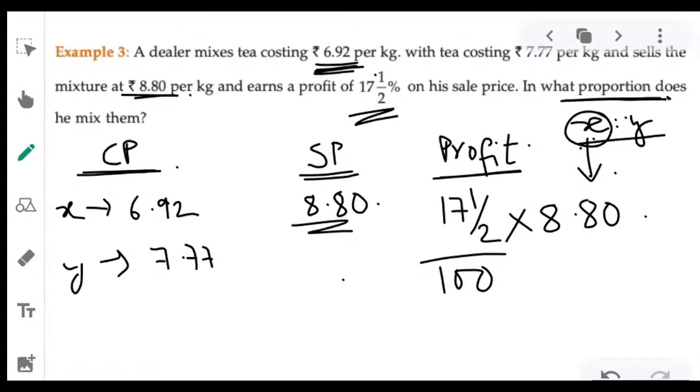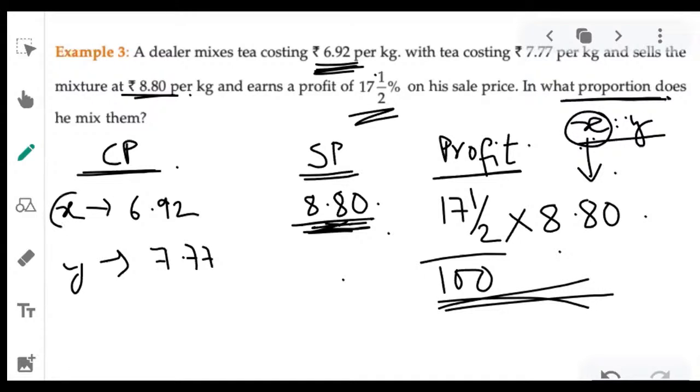Does this make sense? Yes, ma'am. So we are doing the whole calculation based on the fact that, let's say, they are purchasing 1 kg so that we can take all of these as absolute values, right? If you are selling 1 kg, you'll get 8.80 rupees. For 1 kg, the profit will be 17.5% of 8.80.